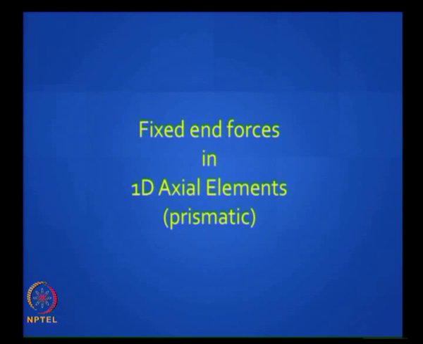Okay, theory is over. Now we get into problems, but before we do the problems, you will encounter intermediate loads in a one dimensional axial system. So let us quickly finish that and then we will be ready.